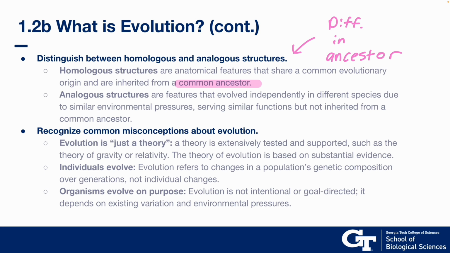So when we're looking at a trait of an organism, they come from a common ancestor. I know I just said that a bunch of times, but it's important to be able to contrast that to analogous structures, which evolved independently, which means that there is no common ancestor. For example, an analogous structure is wings in birds and wings in bats.